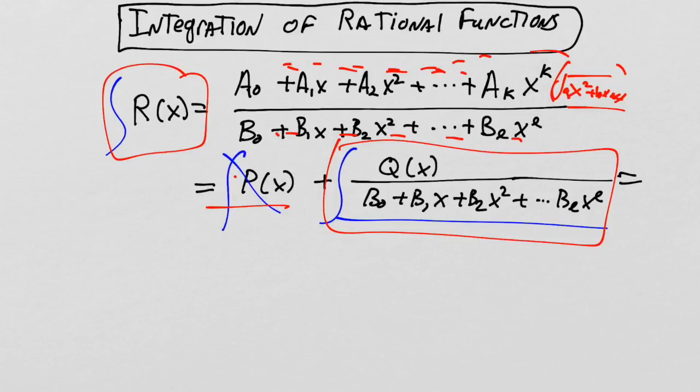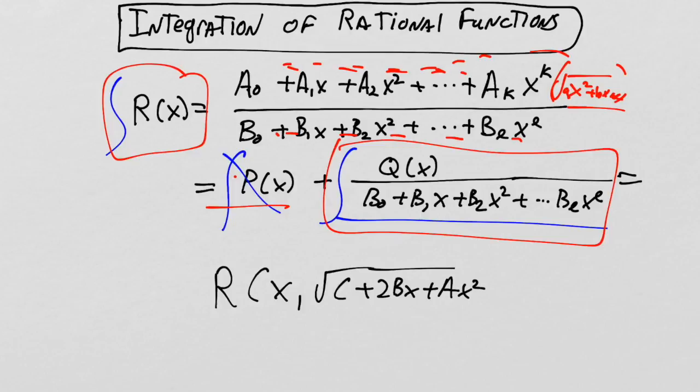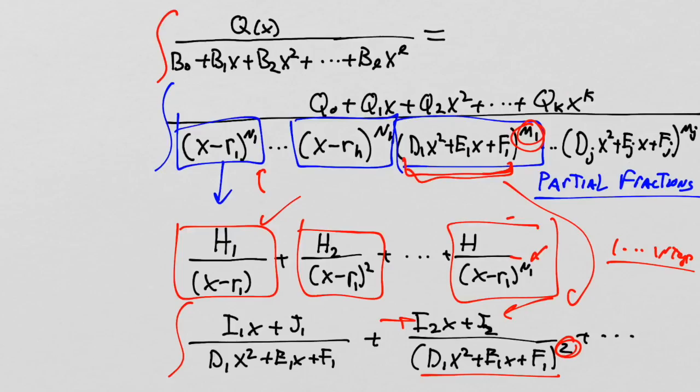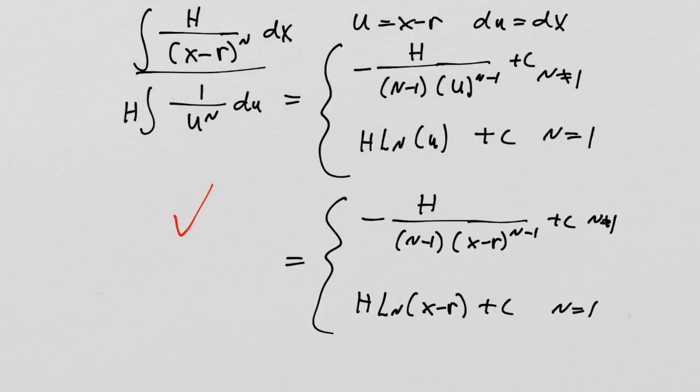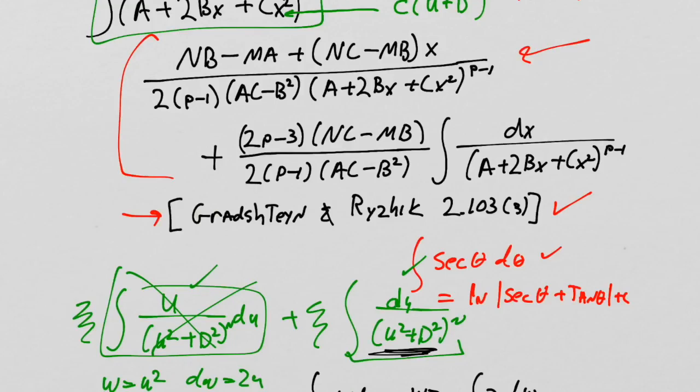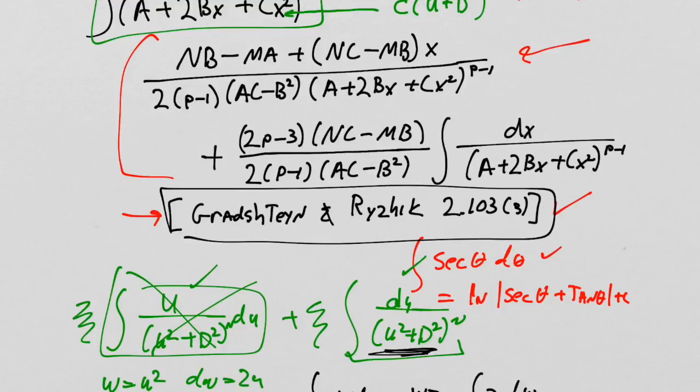Those are going to be called R of x and then the square root of c plus 2bx plus ax squared. I may not keep that notation for the next lesson, just to be flexible. This is how Gradshteyn and Ryzhik does it, so I stuck to that so you could refer to the book if you felt like it.